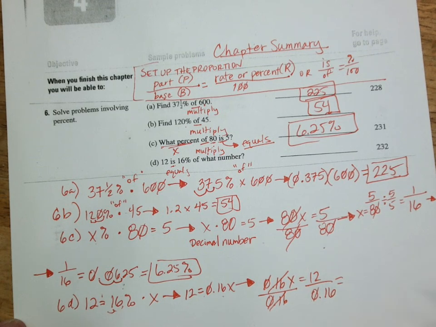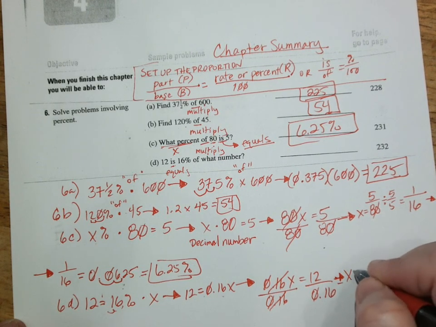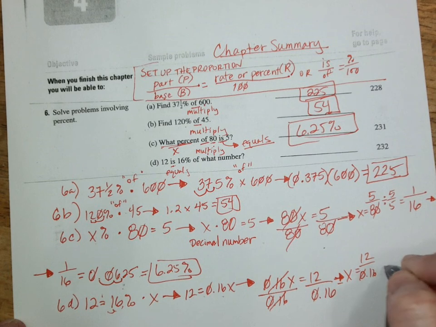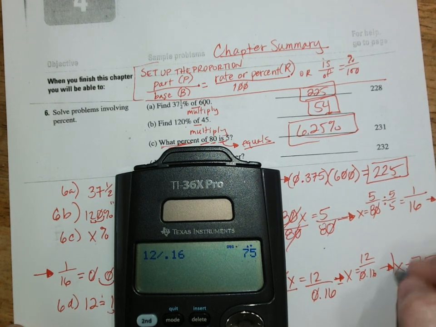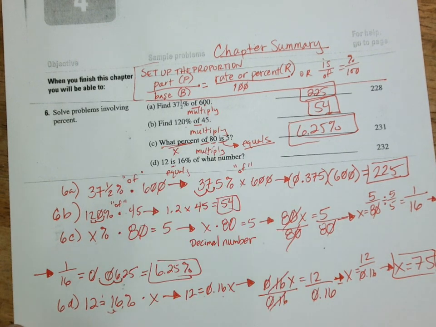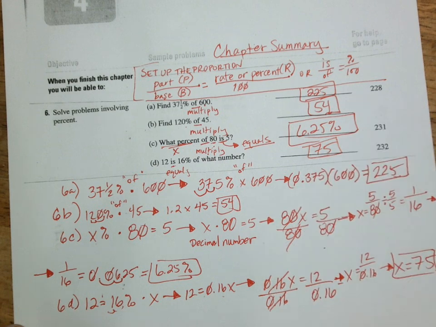So x is equal to 12 divided by 0.16. And then if we go ahead and use our calculator to do that calculation, we come up with x is equal to 75, which is the answer. You can put x equals 75, or you can just put 75. Box that answer, and we're good to go.